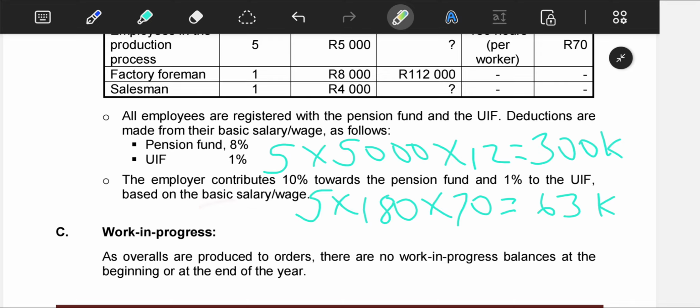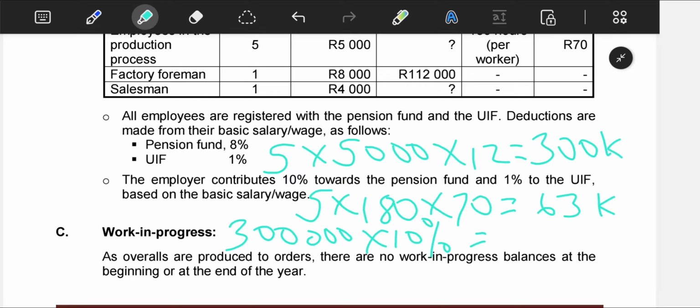Basic. So, right. Now we have our 5 employees. Because now we already know the total for all the employees is 300,000. So we are going to say 300,000 multiplied by 10%. And you get your pension fund contribution.